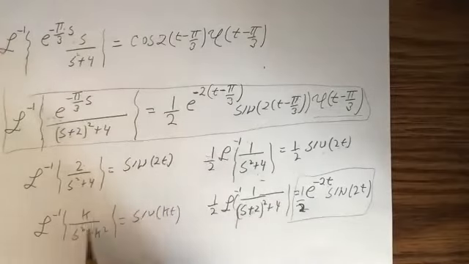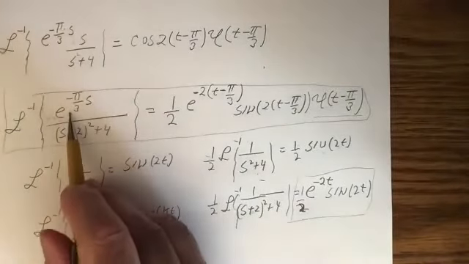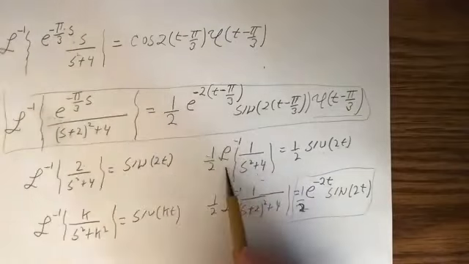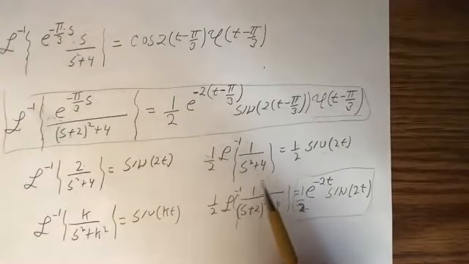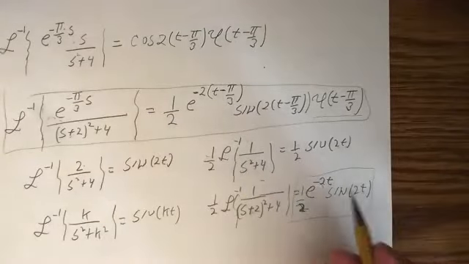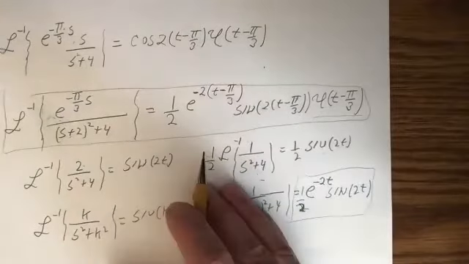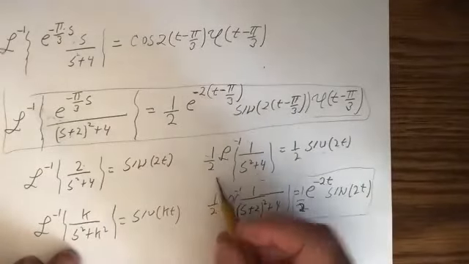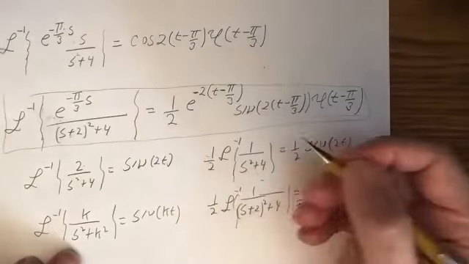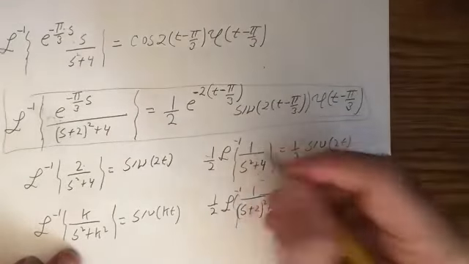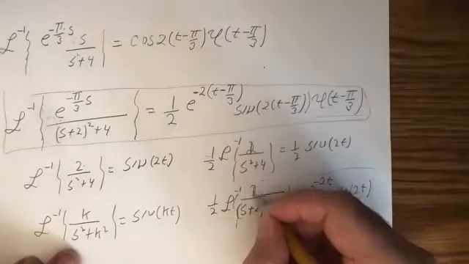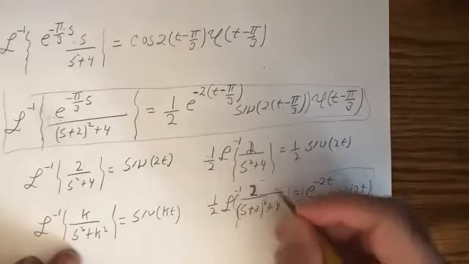I don't have a k. I don't have a 2 here, right? So I had to, in order to get, yeah, okay. Oh, are you saying I should have a 2 here? Yeah. Yeah, you're right.